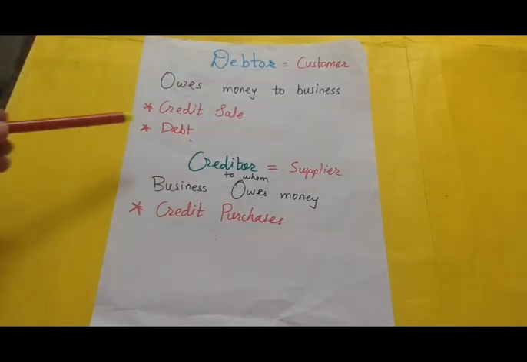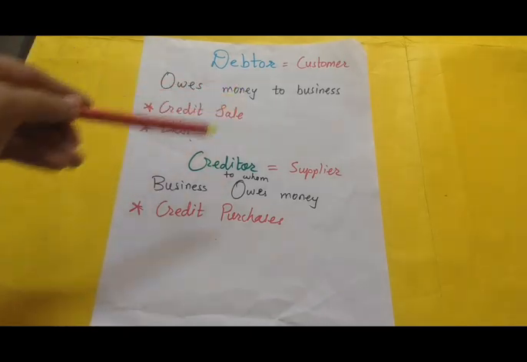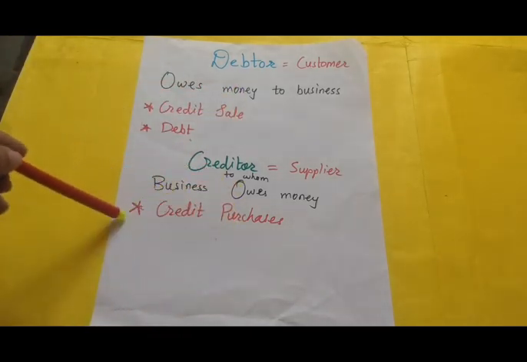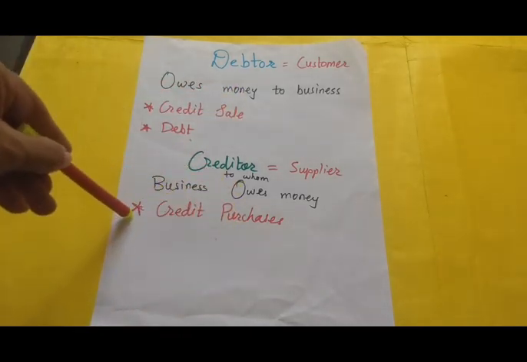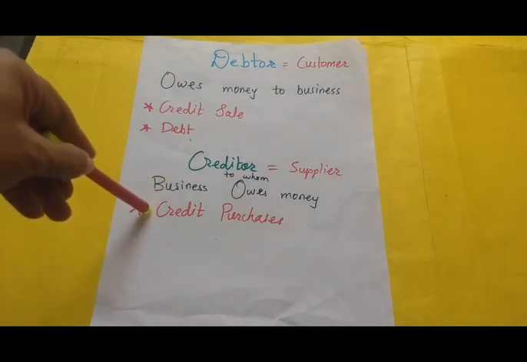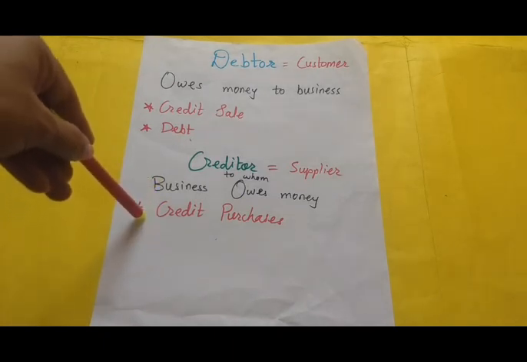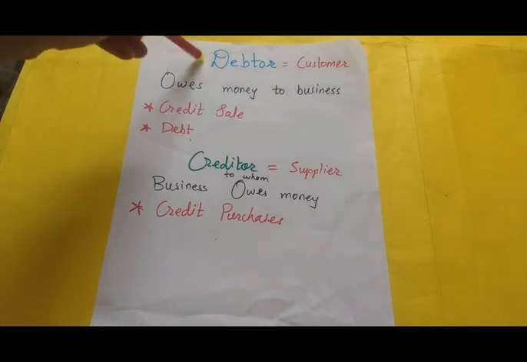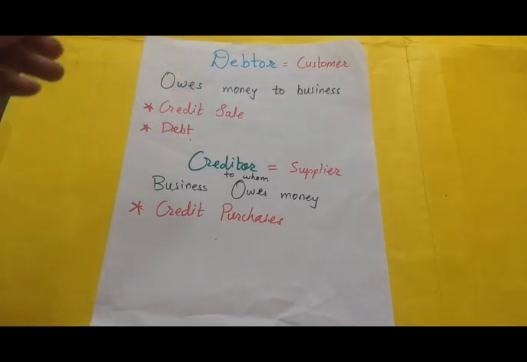But the condition is that it should happen on credit sales or credit purchases. You have to purchase goods from your wholesaler on credit, and you have to sell the goods on credit to your customers. Then you will come to know these two terms. But in a cash transaction, debtor and creditor are replaced by cash. So in a cash transaction, debtor and creditor will not exist.